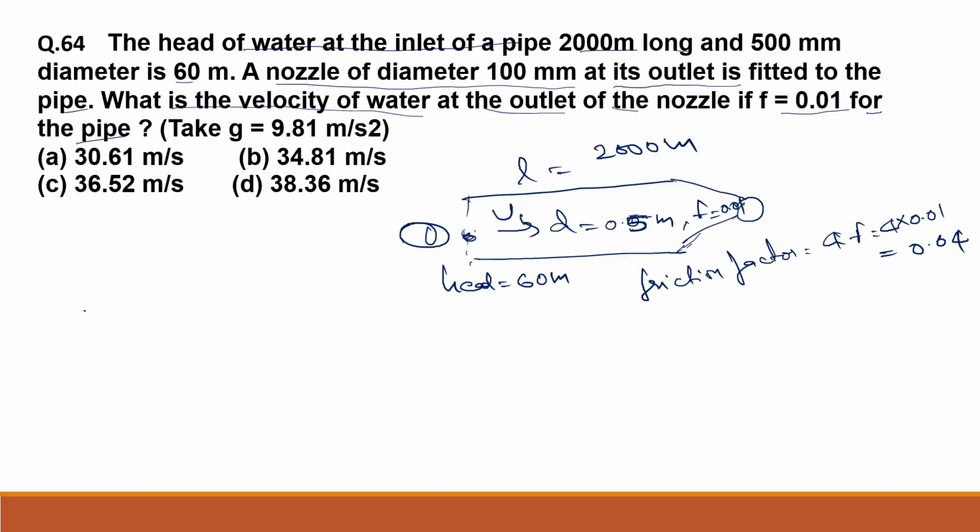After that, we will find out the head loss in 2000 meter length of pipe. Head loss in 2000 meter of pipe is equal to FL Q square upon 12.1 D to the power 5.